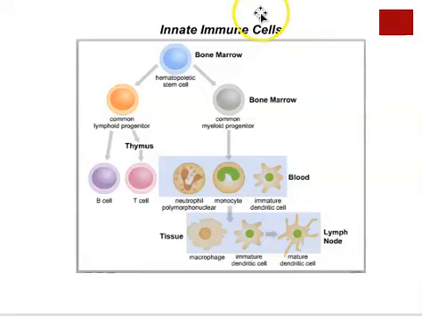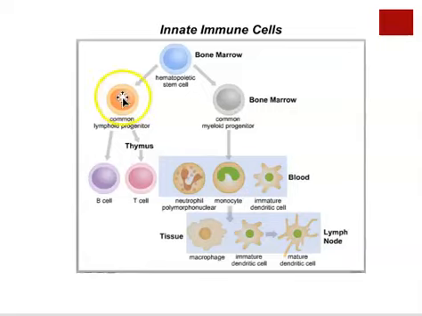In the diagram, they're showing us that the hematopoietic stem cell can then branch off into two lines of innate immune cells. One is called the lymphoid, and the other is called the myeloid. So these two cells, the gray one and the orange one, represent the progenitor of each one of those lines.